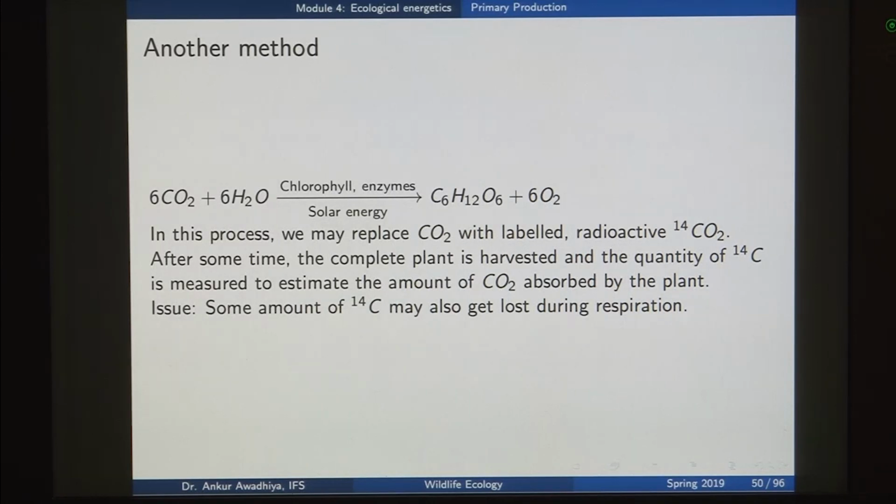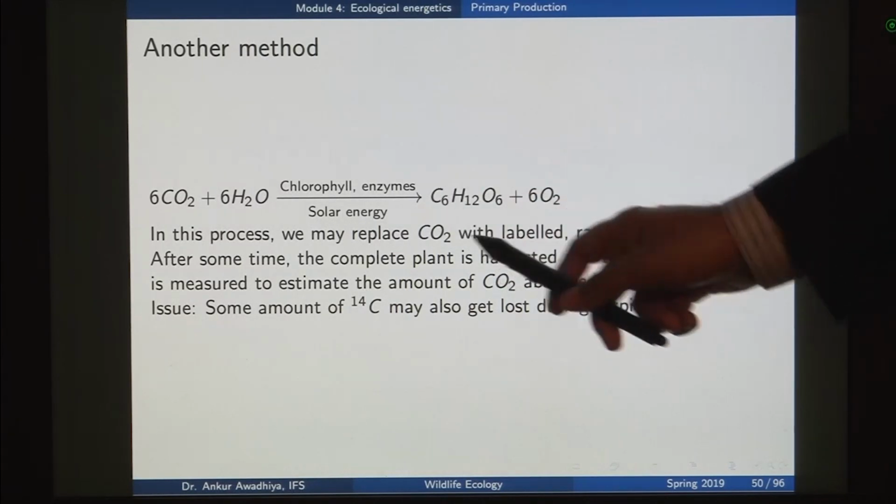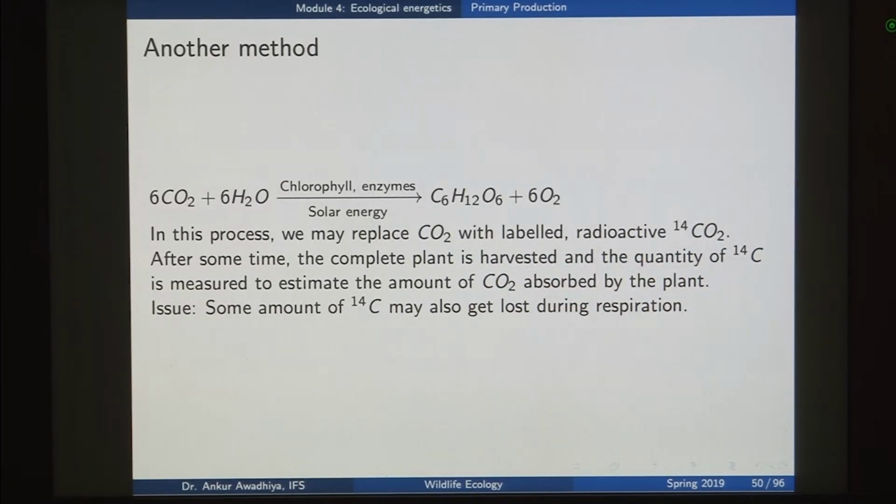So, they are all carbon 14. In that case, we can measure the amount of carbon 14 that is getting incorporated in the plants, and then we can use it to make an estimate of the amount of carbon dioxide that has been absorbed by this plant in the process of photosynthesis.